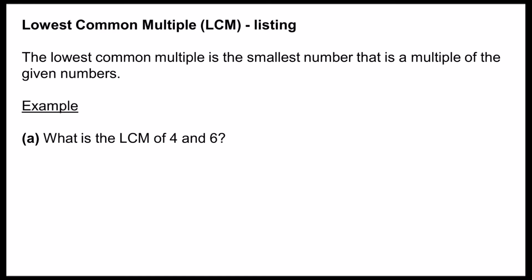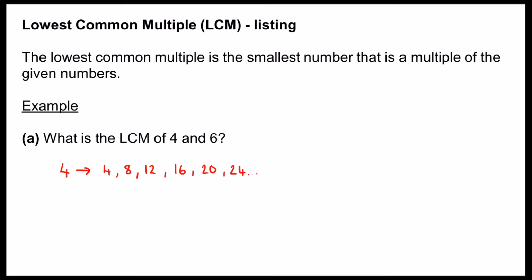I'm going to start off by writing out the multiples of each of these numbers. So I know, for instance, that 4 goes 4, 8, 12, 16, 20, 24, and so on.